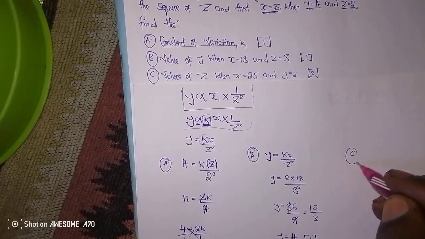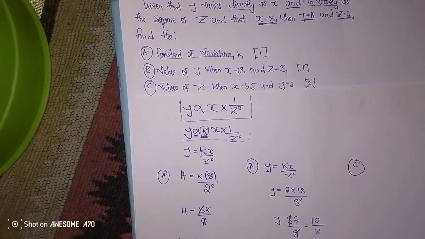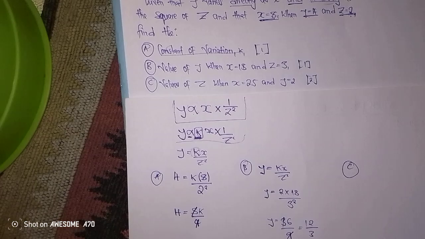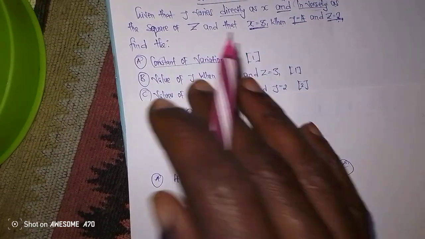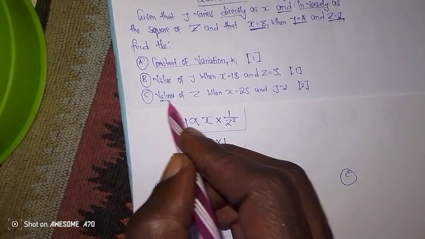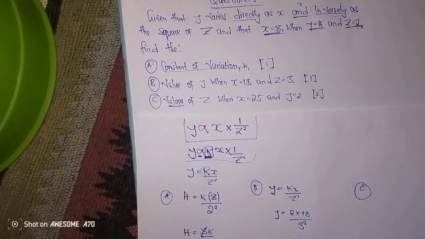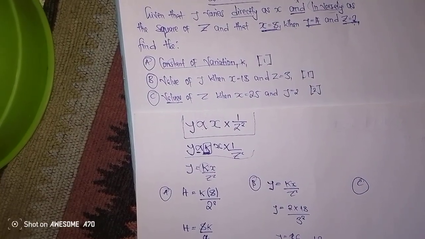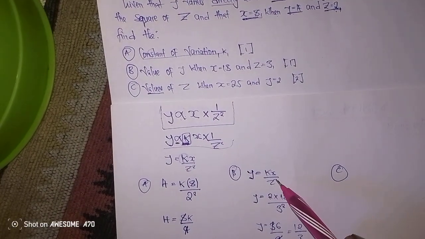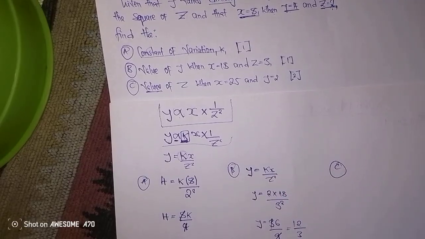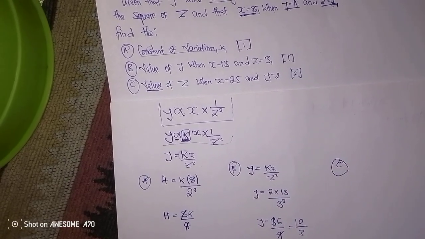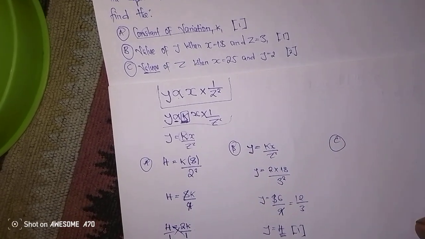So the last question we have is C there, which says the values. So as you can see, it is the values, not one single value, but you have the values of z, because we know that a z has a square, so it should give us two answers.